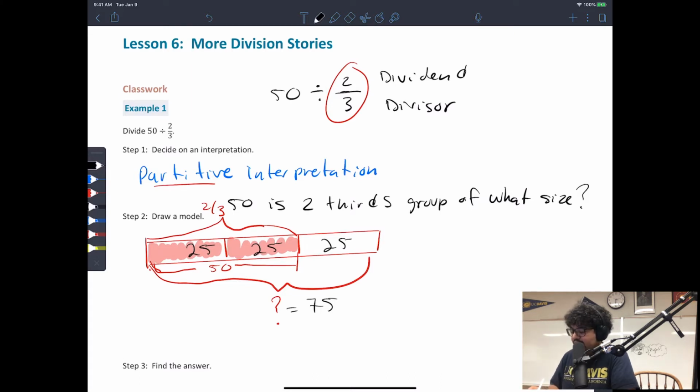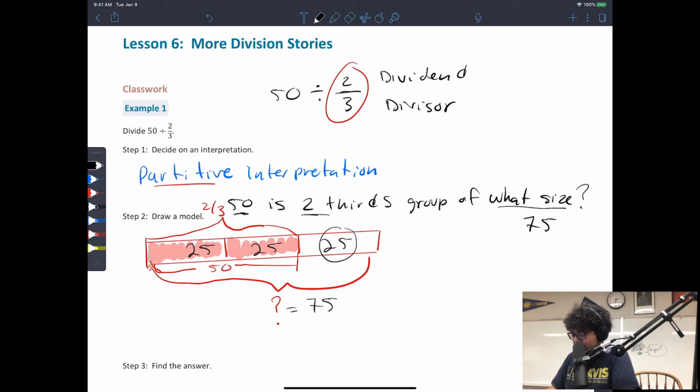And so 50 is 2/3 of what group size, and the group size is 75. And it makes sense because 50 is in fact 2/3 of 75. Then I'll need to add another 25 to make it 3/3, which makes a 1 whole, right?